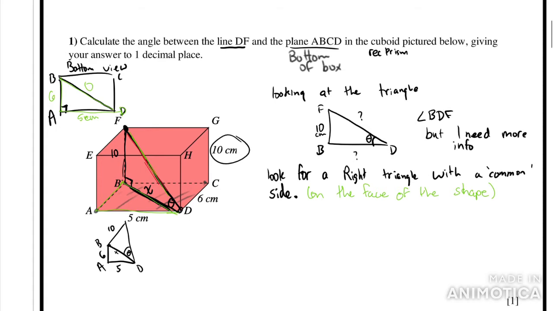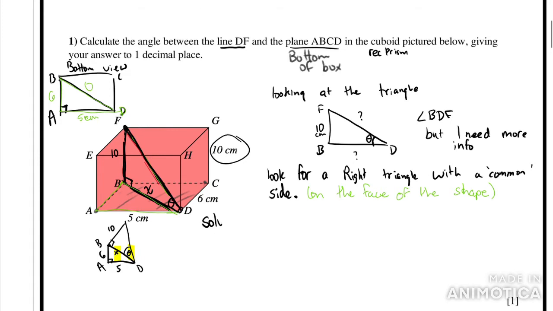And I know that this is 10, so this very quickly just becomes a two-dimensional problem. If I just flatten out this triangle, currently it's standing up and down, if I flatten it, it would make the same shape. I don't have to stretch it or skew it or anything like that. So my first step, I want to solve for x, and then I want to solve for my angle.